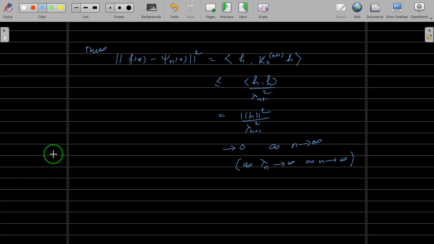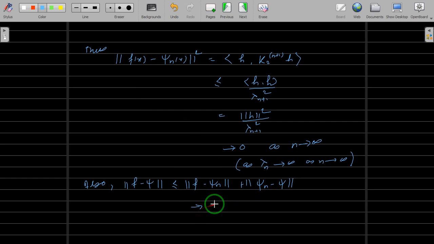That implies, also, by using the triangle inequality, the norm of f minus psi is less than or equal to the norm of f minus psi_n, because you have fixed psi, plus the norm of psi_n minus psi. This tends to 0 here, and this again, psi_n tends to psi as n goes to infinity.